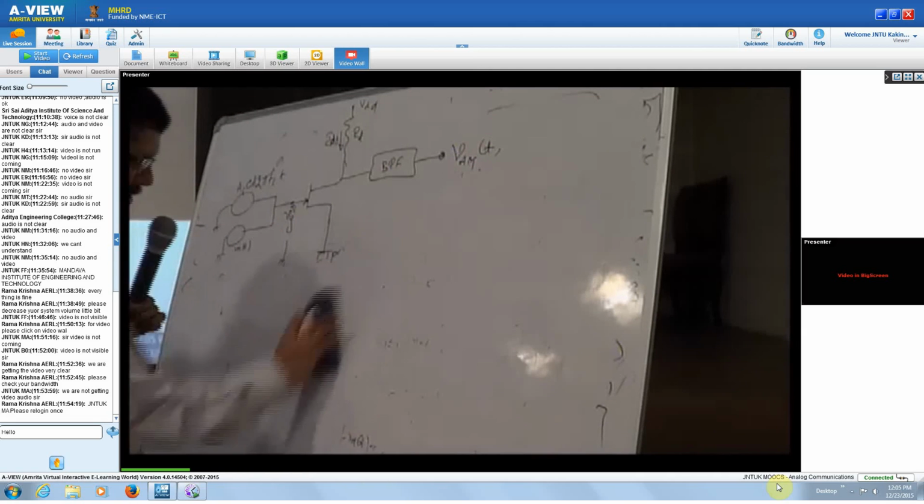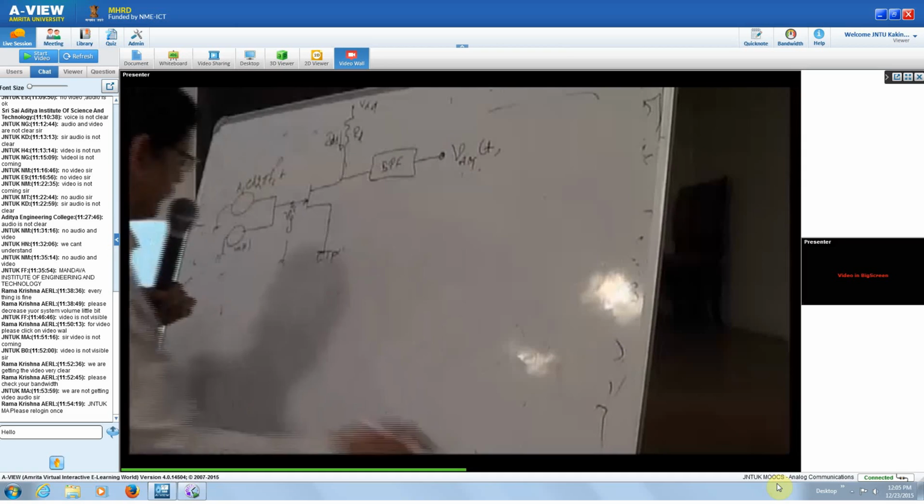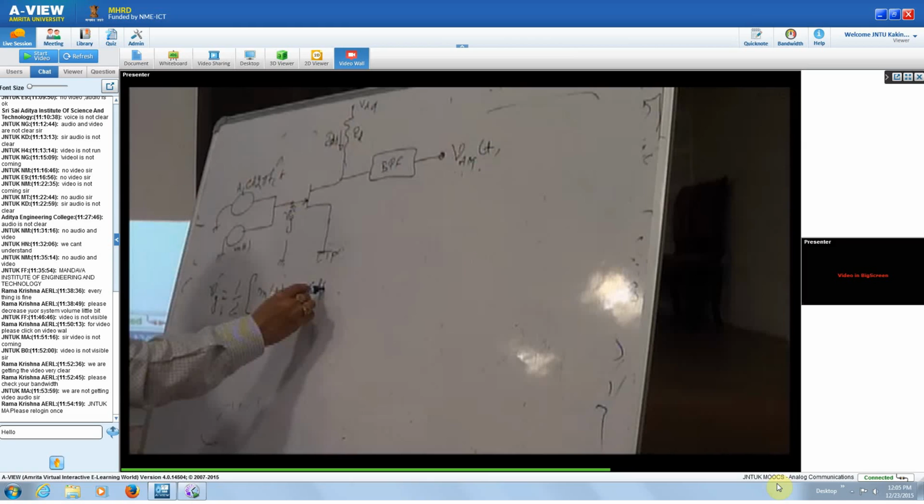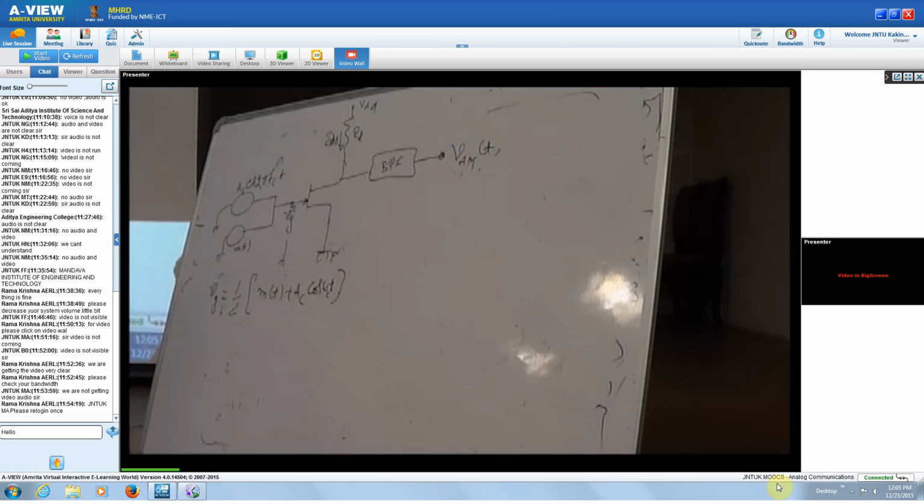Typically we can say that this Vg is m of t plus AC cos omega ct. The input signal that we are going to have is m of t plus AC cos omega ct, the two signals that we are combining.